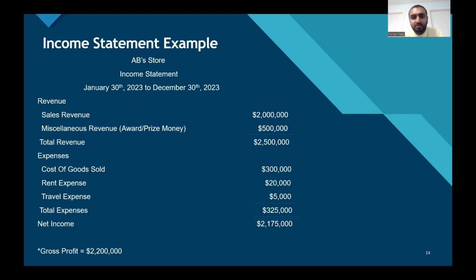First, in the income statement, we start off with listing all of the revenues, right? We typically have the sales revenue, service revenue, product revenue, but in this example, I decided to make it short, and we have sales revenue at $2 million being the main revenue. Then we have miscellaneous revenue, right?